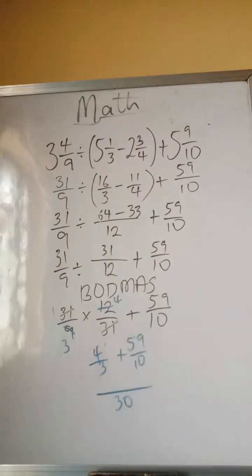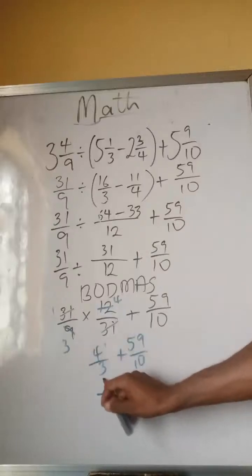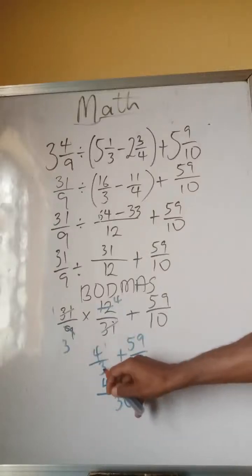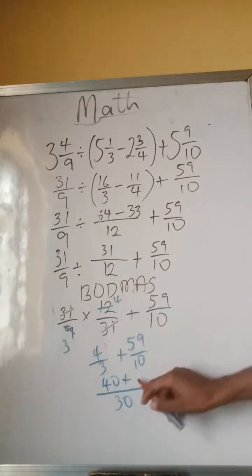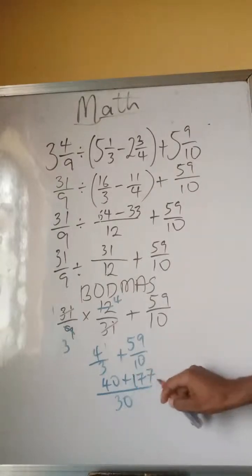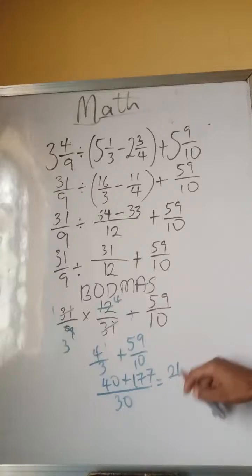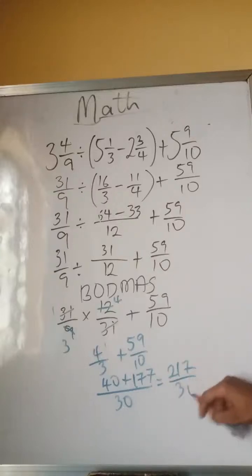So 4 and 10 will multiply, you have 40 plus 3 times 59. That gives you 177. Sort this out. That gives you 217 over 30.